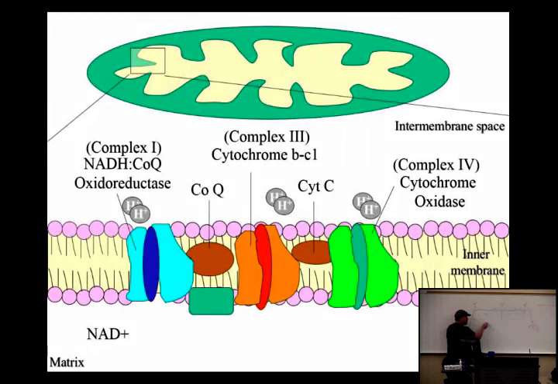Complex 1 can't pull those off, but complex 2 can, and it does, and then the electrons follow the same path. So, how many protons get pumped out by FADH2? 4. Good. All right. Any questions about that?